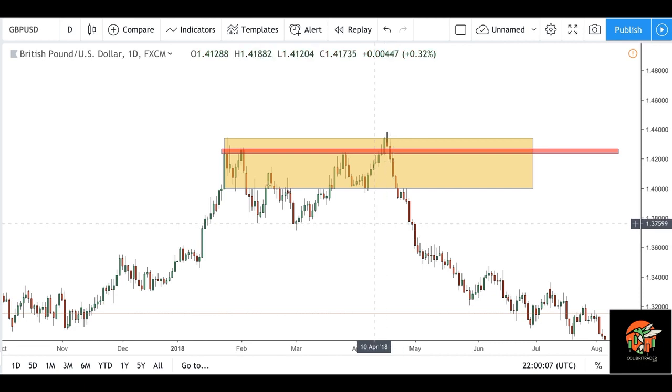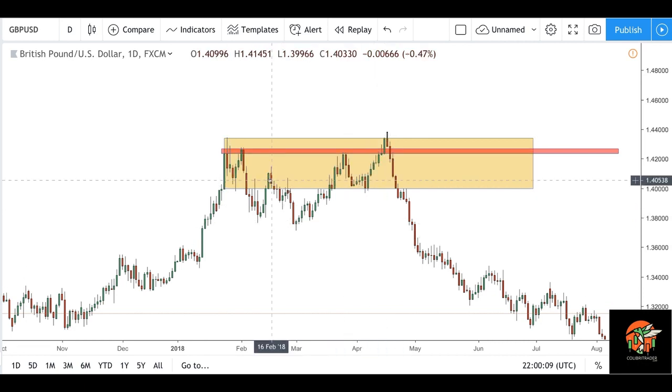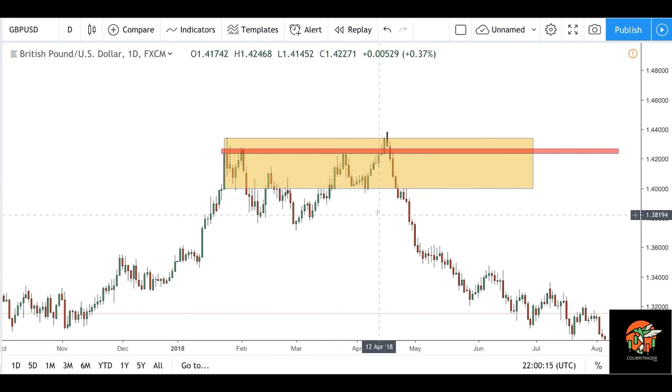What else we can say here is that the supply area is much broader than the resistance area, and that makes it harder to trade with precision, but at the same time it gives you a better understanding of the market environment and where to look for and locate your next possible trades.